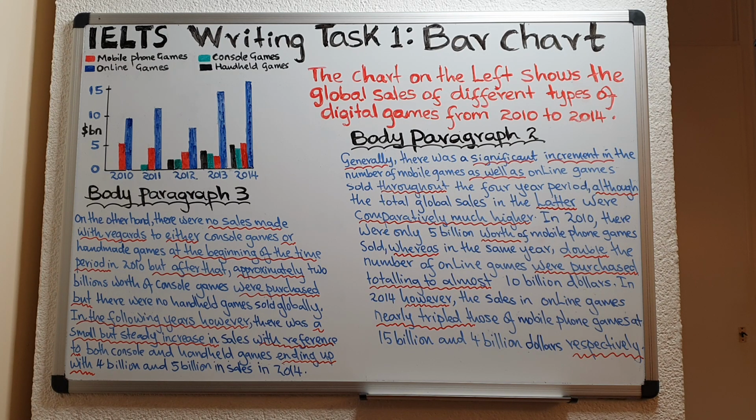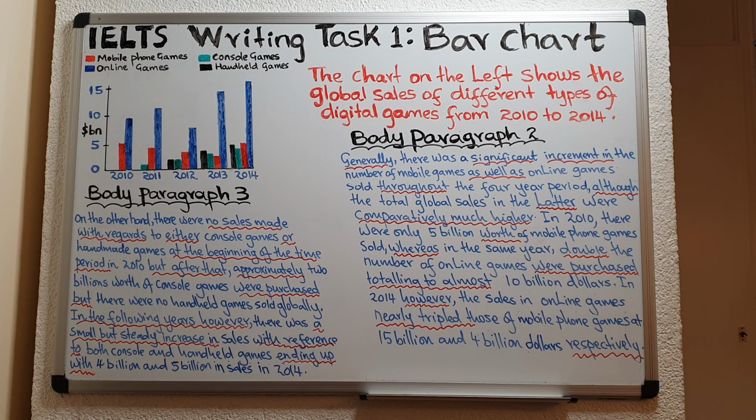Okay, in 2010, when you look at the red, there were only 5 billion worth of mobile phone games sold, whereas, that linking word suggests you're talking about a difference, whereas in the same year, that is in 2010, double the number of online games were purchased, totaling to almost $10 billion.